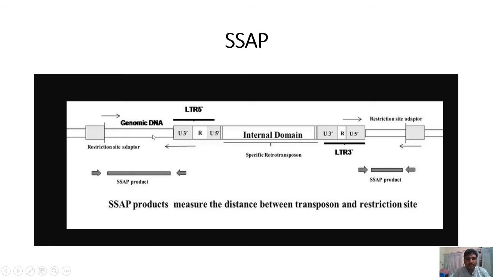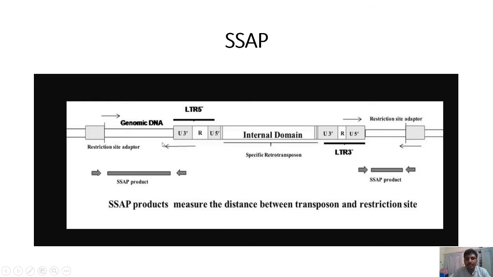PCR in normal ways can amplify around a 0.1 to 10 kb region of the DNA. Of course, long-run PCR can amplify around 20 kb to 30 kb, but normally PCR can amplify only around 0.1 to 10 kb of DNA. So if the retrotransposon is inserted adjacent to a restriction site, then only those regions will get amplified.